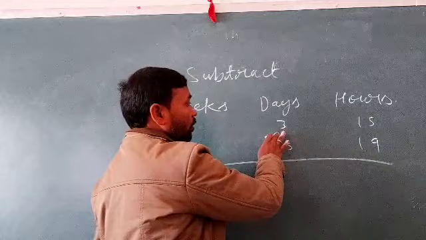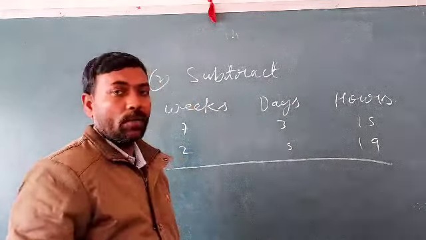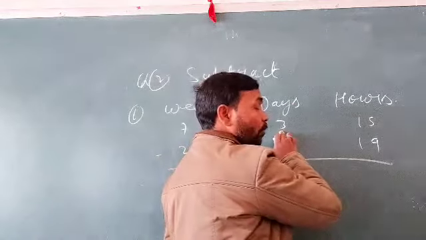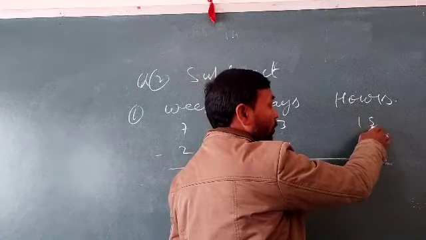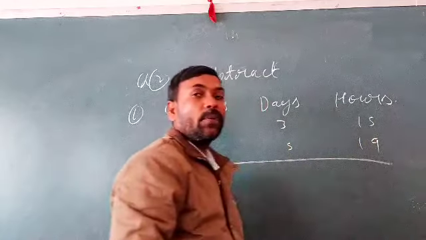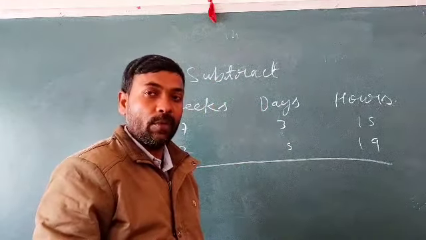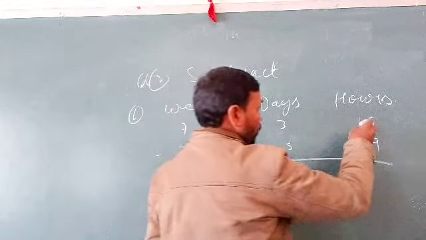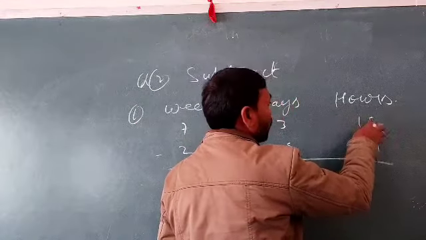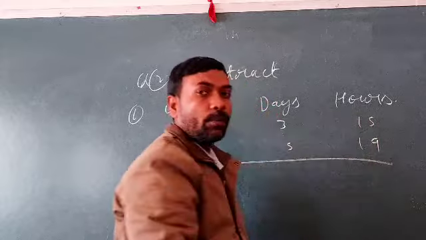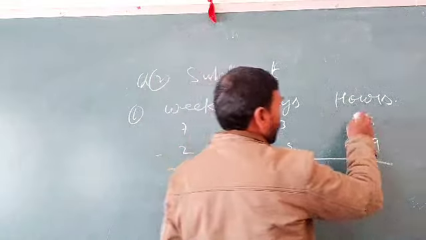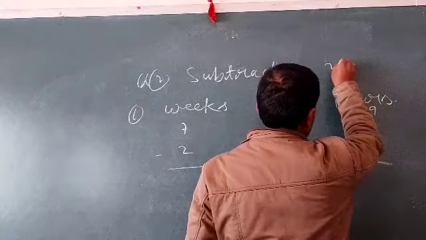So first you have to convert days into hours. If you borrow from days into hours, then this number 15 will be increased by 24, not by 1. So this number becomes 15 more than 24, so this becomes 39.